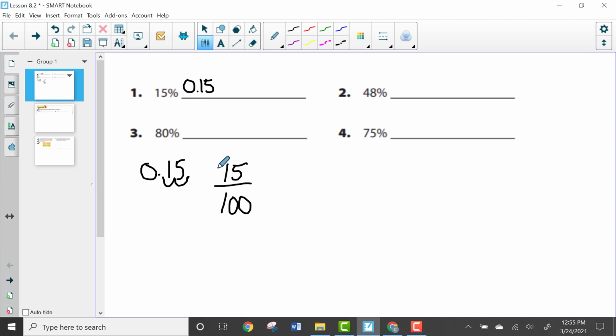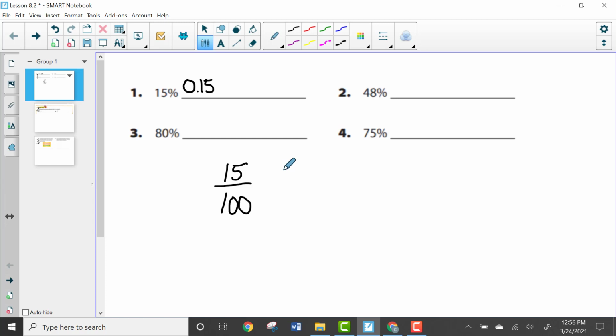Okay, and when we talk about 15 hundredths, writing that as a decimal looks just like that. Now, if we're going to take that 15% and change it into a fraction, as you know, percentages are always out of 100. So writing this as a fraction, we have 15 over 100. However, that is not simplified at all. So we need to simplify it. We need to think about what number can go into 15 and 100, or think about the greatest common factor of 15 and 100.